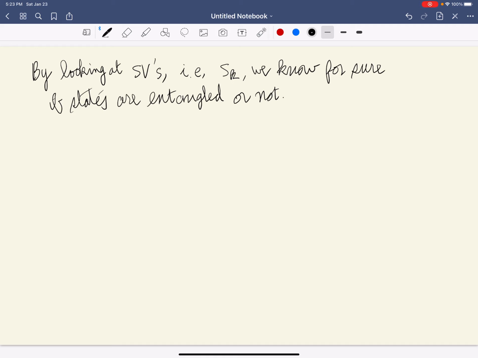And this is also known as the Schmidt form of the wave function. And this is something one can do generally.